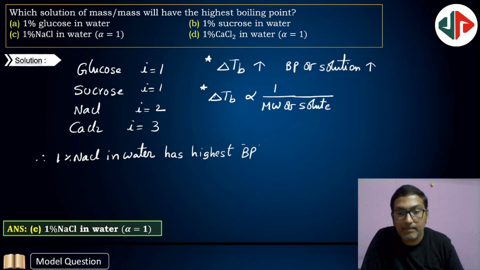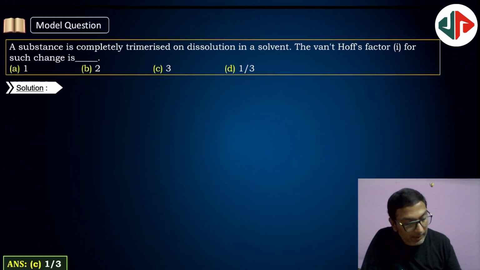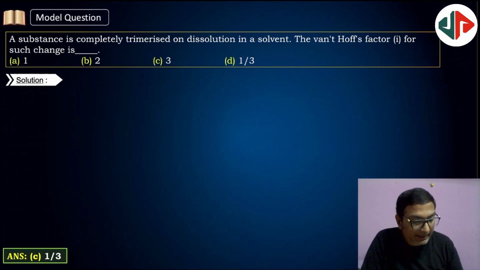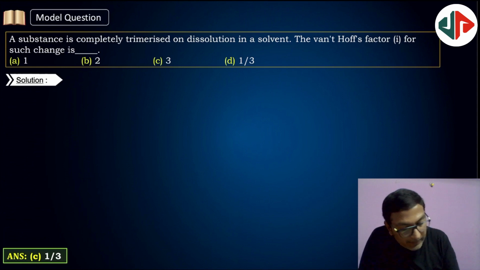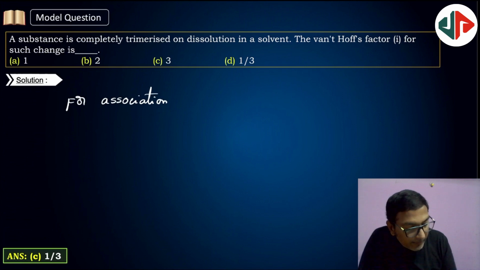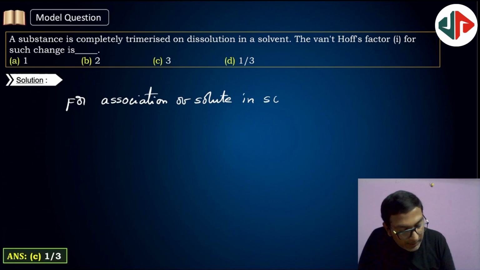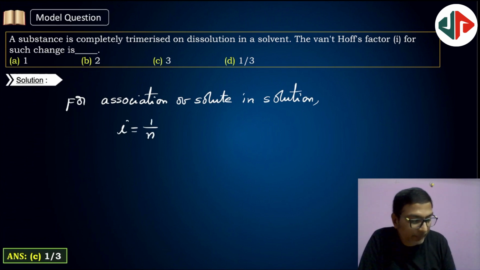Next question. A substance is completely trimerized on dissolution in a solvent. The van't Hoff factor i? So trimerization. For association of solute in solution, we have i equal to 1 by n.